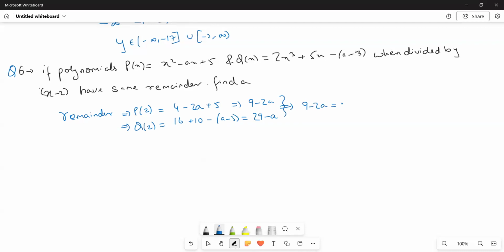So 9 minus 2a is 29 minus a, or we get a is equal to, this came here, this came here, a is minus 20. It's a simple question.